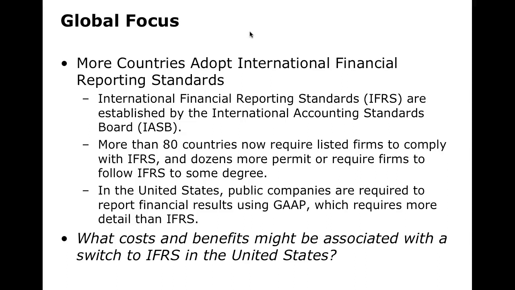In the United States, public companies are required to report financial statements using GAAP, which requires more detail than the international standards. So GAAP is actually the gold standard, and it's easier to backtrack and meet the international standards if they're meeting GAAP. In fact, a lot of foreign companies will just meet the GAAP standards so their stocks can more easily trade on American exchanges.